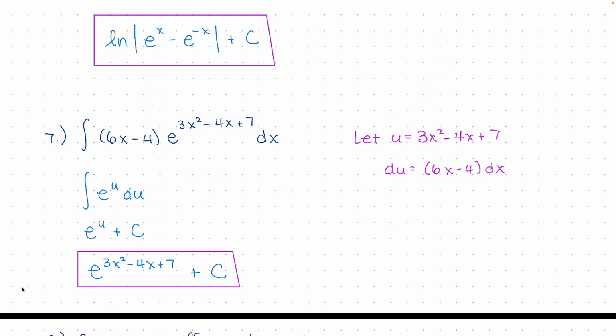If you're at a loss of what to do for an integral, but you do happen to notice, hey, I see the derivative of part of the integrand somewhere else, that's a good clue that u substitution is probably going to work. And hopefully, if nothing else, you noticed the derivative of the exponent is right there. So let me let u equal that, so I can find du. Oh, and then I have everything I need for the problem.